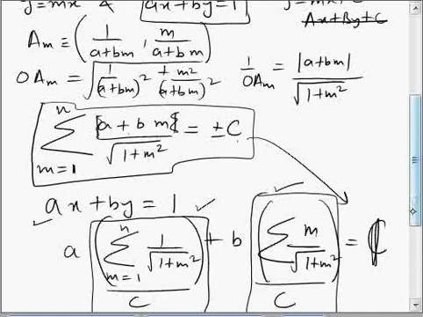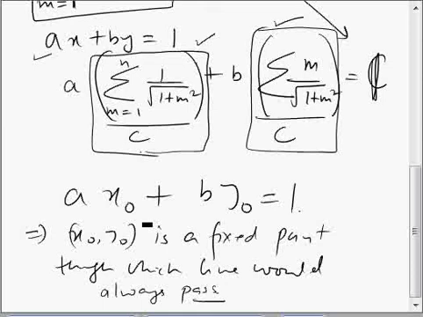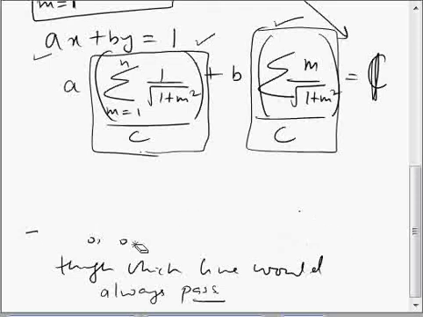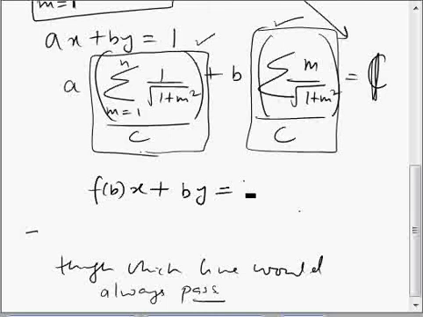Suppose f(b) into x plus b into y equals 1, and then the next step would have been combining terms of b on one side and the rest of the terms on the other side. So we would have expressed this as a family of lines.